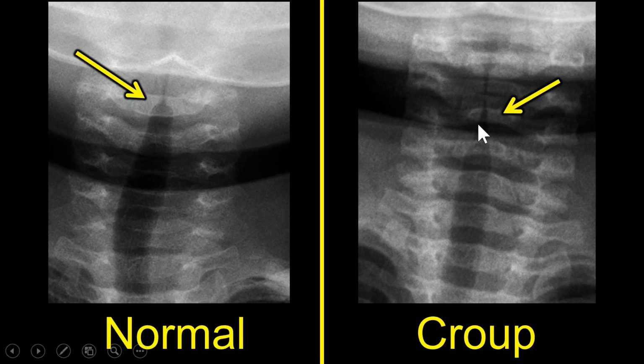And on the right side image, we see what's called steepling. So you have these edematous changes in the subglottic airway, so below the cricoid, subcricoid or subglottic narrowing of croup below the cricoid in those laryngeal cartilages. That's what we see with plain film, is that steepling instead of the shouldering that we see up higher on the normal anterior view.